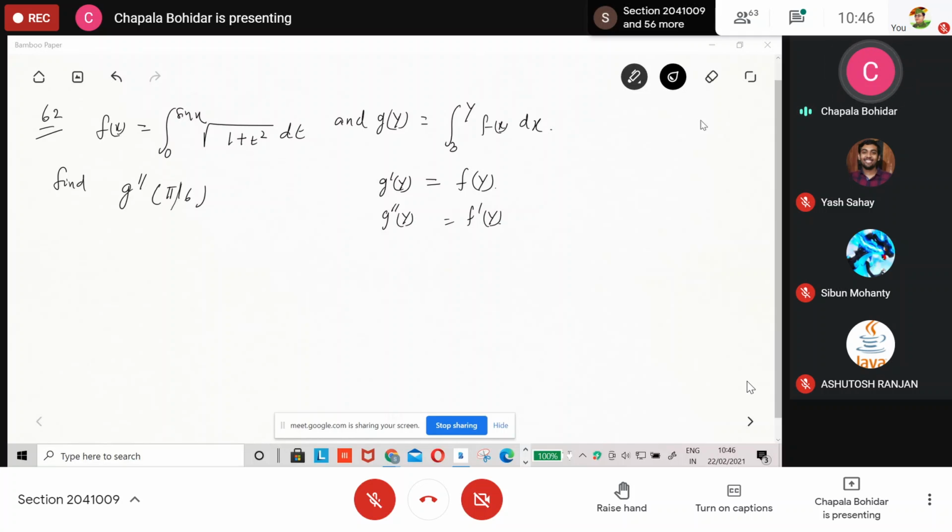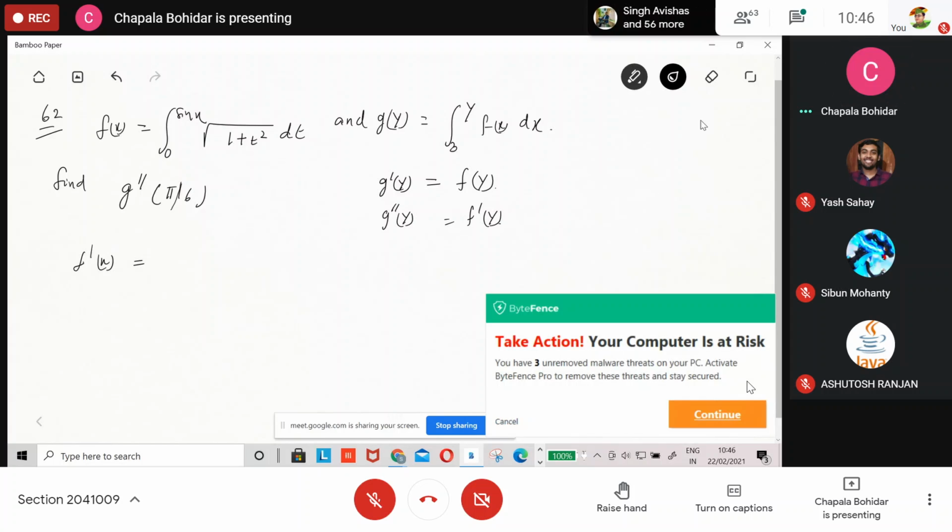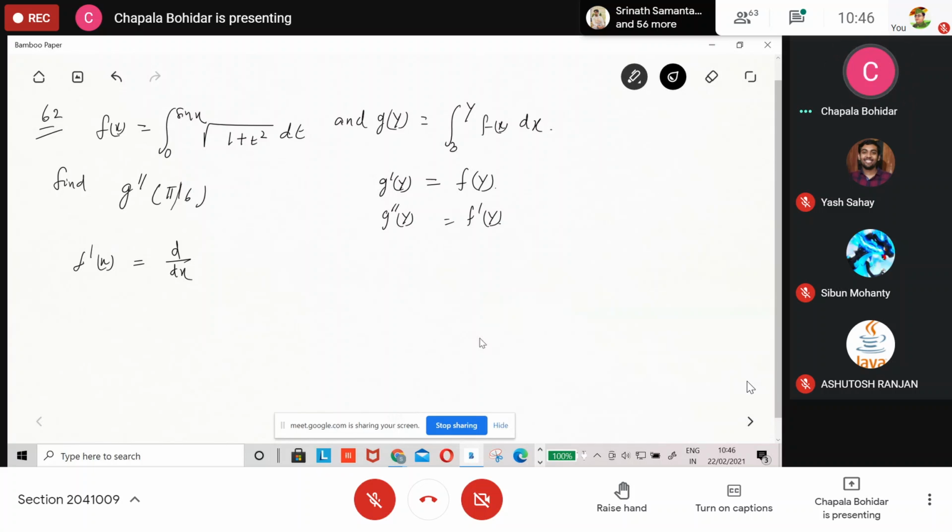I'll change the variable here. f dash x is equal to d by dx of the integral from 0 to sin x of root over 1 plus t square dt. But here there is sin x as the upper limit, so let sin x be equal to u.